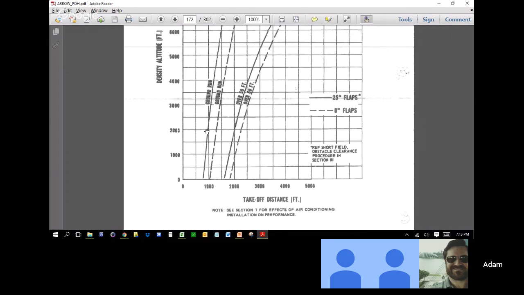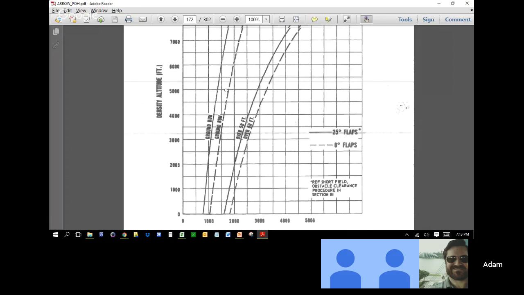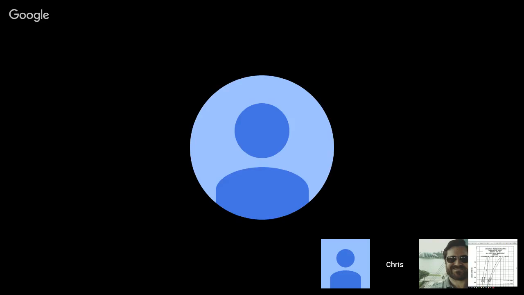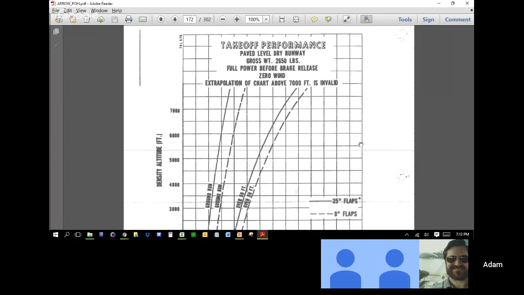I don't know by how much, but I know it's going to be better than 1,000 feet. And so you utilize in your performance charts your worst case scenario at the point at which your aircraft is heaviest. Does that make sense? Yep. Okay.